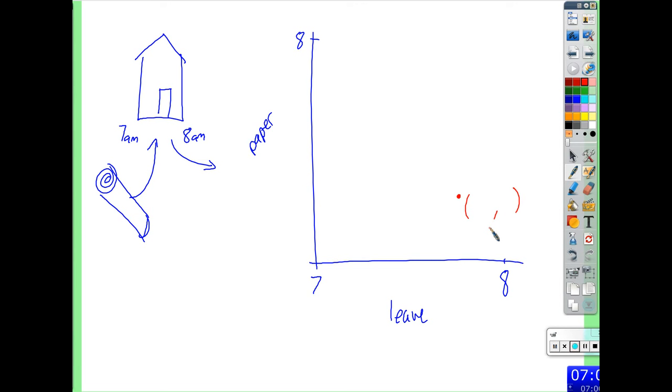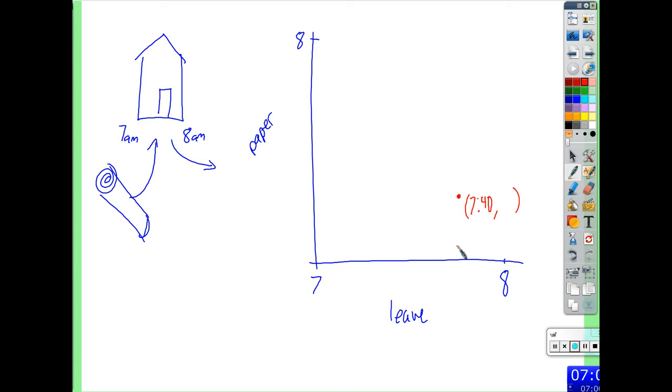What does it look like on this axis? Looks like 40? 7:40. All right, there's a reasonable guess. Looks like you've left at 7:40. Okay. And then, what about this?